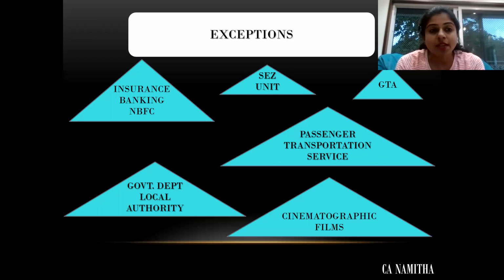Now coming to the last category, a registered person supplying services by way of admission to the exhibition of cinematographic films in multiplex cinemas, it is not applicable to them as well. These are the exceptions. These categories are not covered under e-invoicing, irrespective of the turnover.